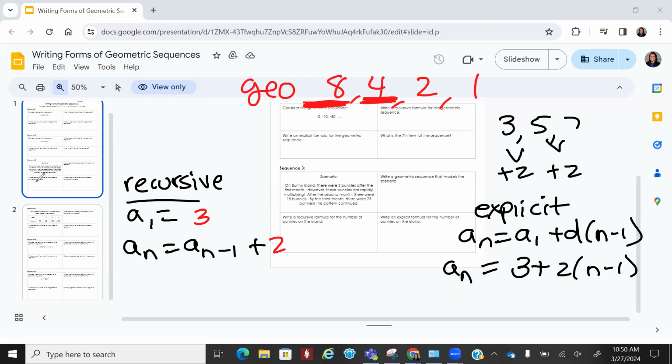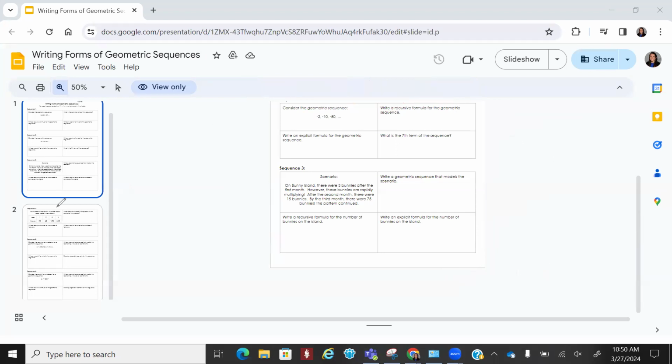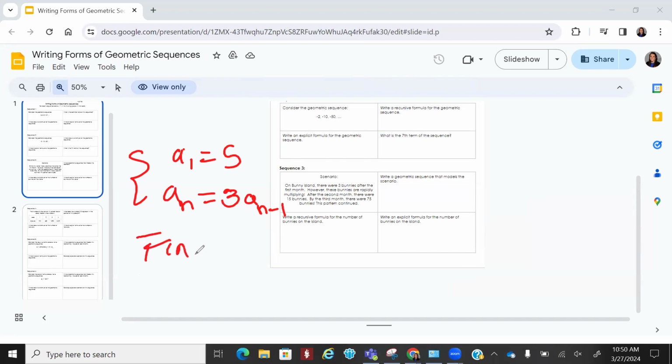Let's say that I gave you this recursive problem. I said a sub 1 equals 5 and a sub n equals 3 times a sub n minus 1, and I said find the first 4 terms. First one is 5. Good. Now, how do we figure out the second one?